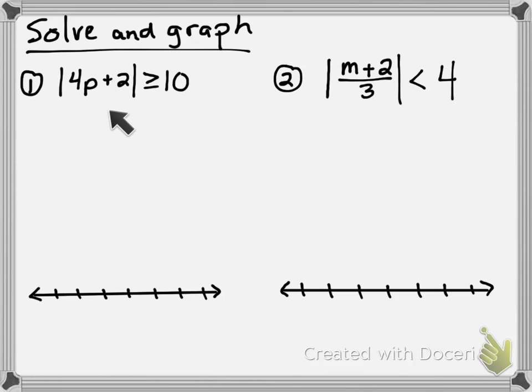Alright, so we've got the absolute value of 4p plus 2 is greater than or equal to 10. And we've got the absolute value of m plus 2 over 3 is less than 4. Alright, so go ahead and try to solve and graph those, and then we'll look at them together.